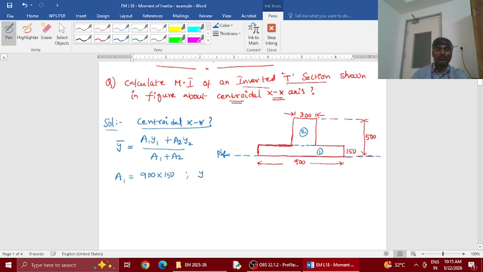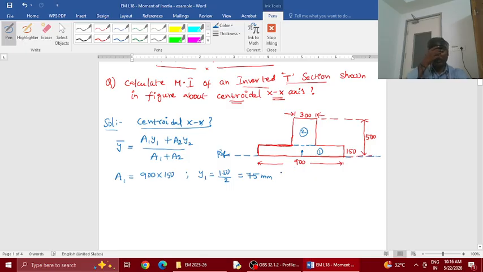And Y1 means the centroid of the first rectangle from this reference line. From the reference line, the centroid of the first figure is here. So this distance is half of this 150, that is 150 by 2, 75 mm. All dimensions are in mm.